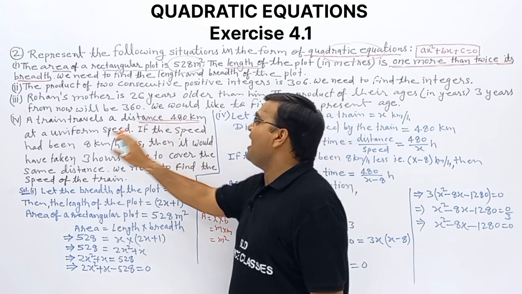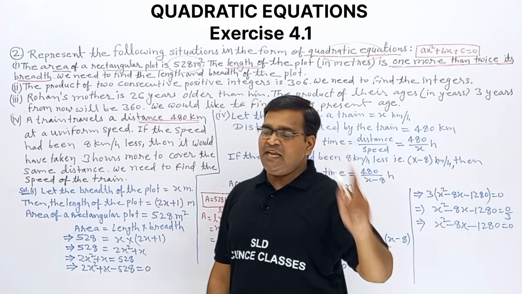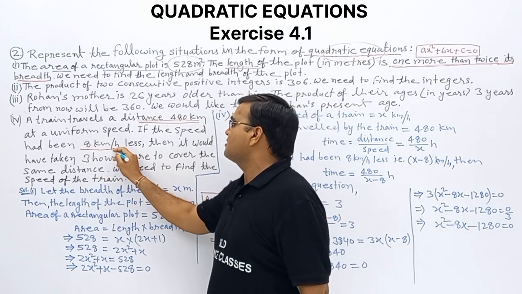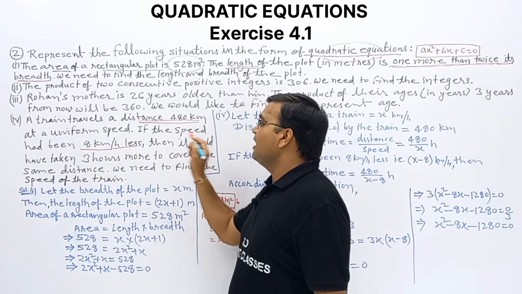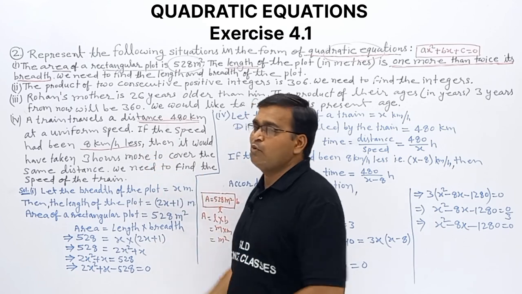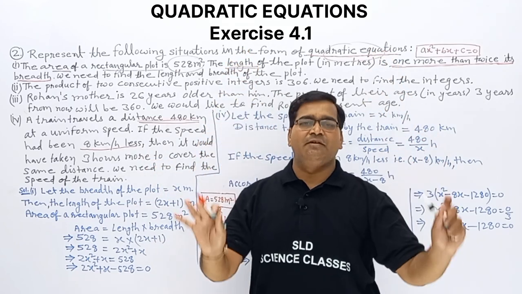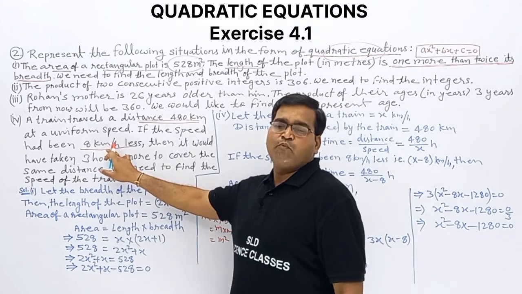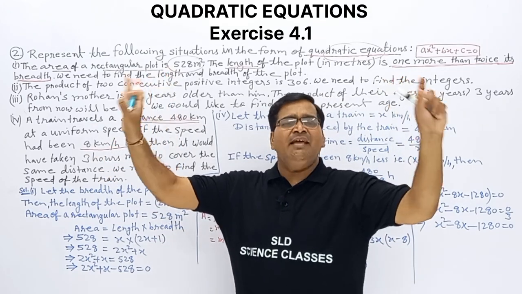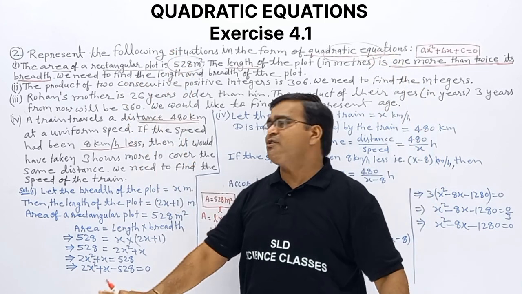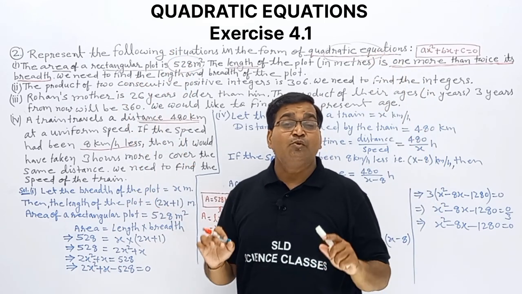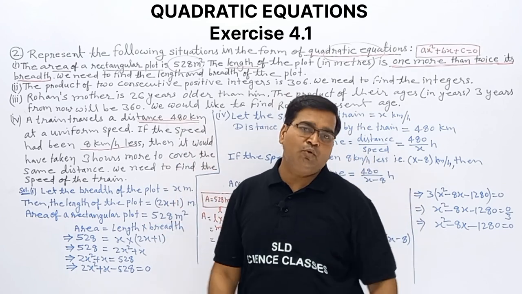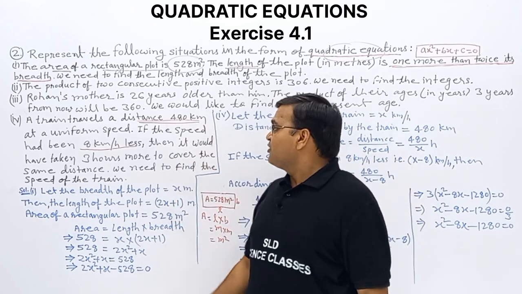If the speed had been 8 km per hour less, then it would have taken 3 hours more. If we decrease the speed, whatever speed we are traveling, once we reduce it, time will be more, we require more time to travel.